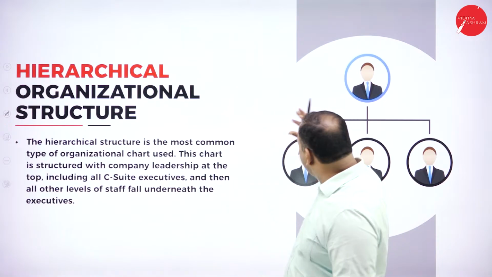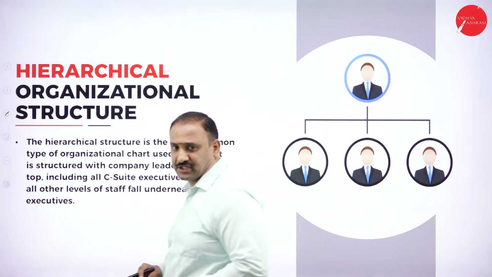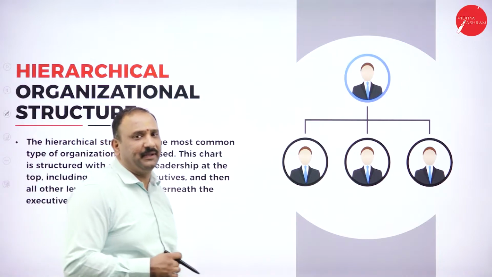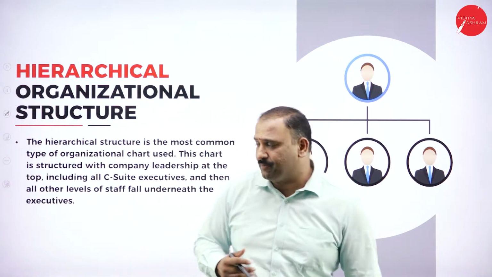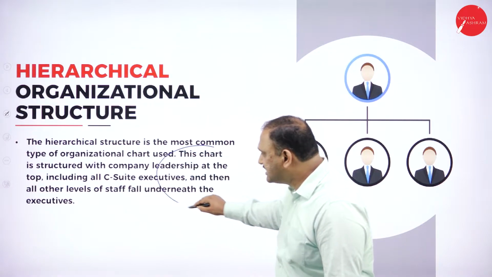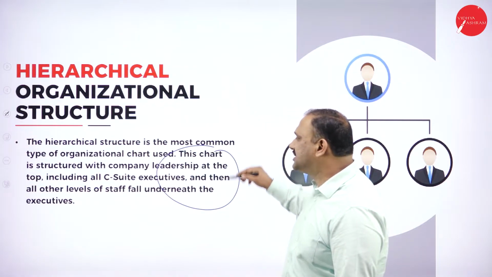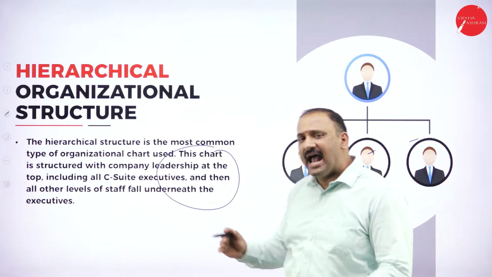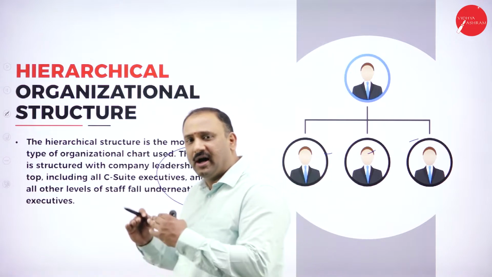Followed by the hierarchical organization structure. This is a very, very common organizational structure that we have been speaking about. Now, starting with the base factor, this is the most common factor, and this is structured with the leadership at the top, all the C-level executives that you can think about, and then their staff follow under them.